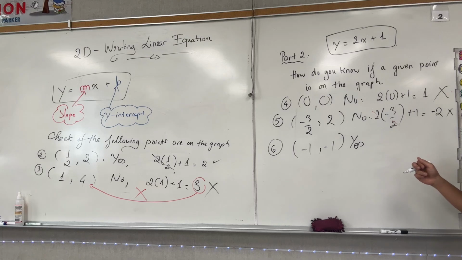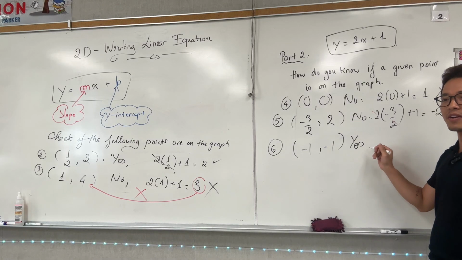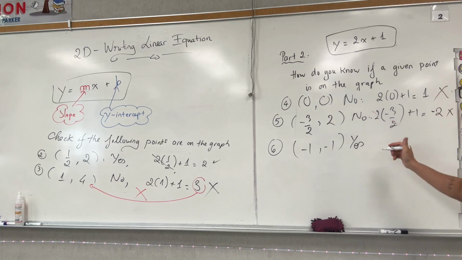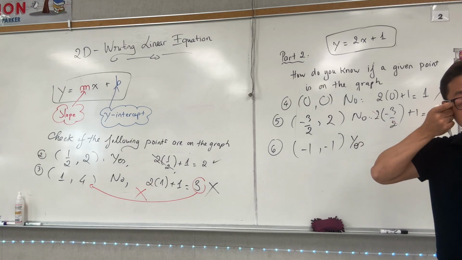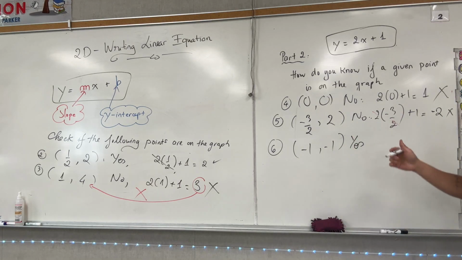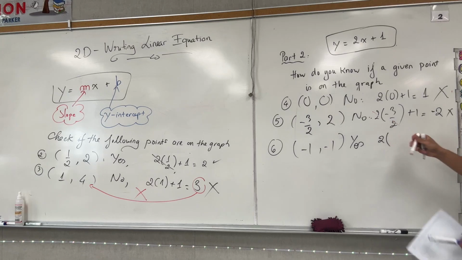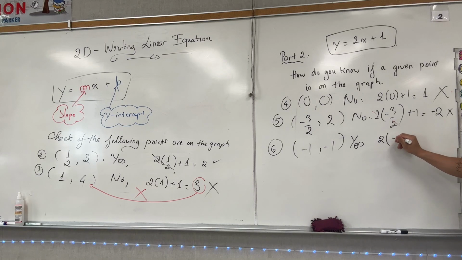Are you sure? Why yes? Maybe you do it again and you say, oh, maybe no. Yeah, see, it's actually no. It's actually like what's going to happen when you do the test with a lot of pressure and on the spot. Okay, so the answer is yes. Let's give Allison 1 point. 2 times -1 plus 1: 2 times -1 is -2, -2 plus 1 is -1, and that's matching with this. So yes.